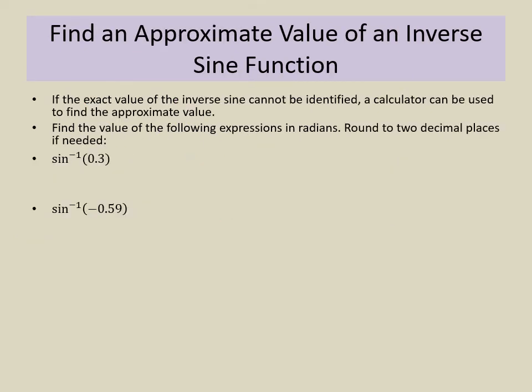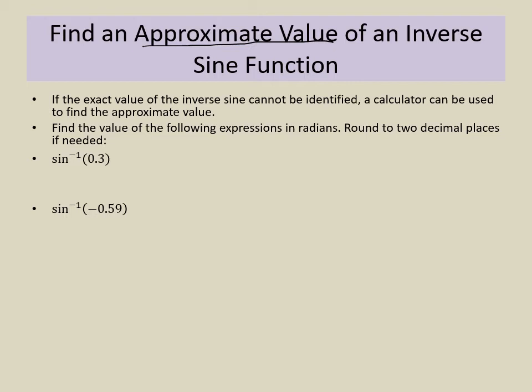Okay, now we have been identifying exact values of the inverse sine function. Our next objective is to find approximate values of the inverse sine function. So sometimes we don't have exact values. We only know the exact values of angles that coincide with 30 degrees, 45 degrees, and 60 degrees, and then the quadrantal angles, negative pi over 2, 0, and pi over 2, but there are so many more angles than those, obviously.